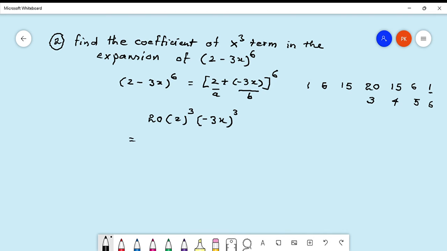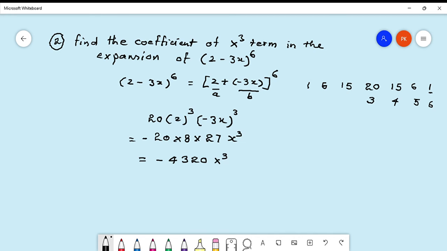Now (-3) cube, so the term will have a negative sign. So 20 into 8 into 27 x cube, which gives negative 4320 x cube.